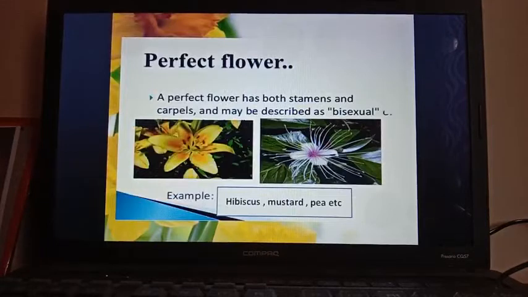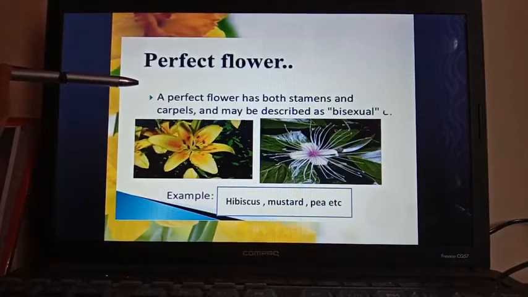Next is the perfect flower. A perfect flower has both stamens and carpels, and they are also described as bisexual or hermaphrodite.